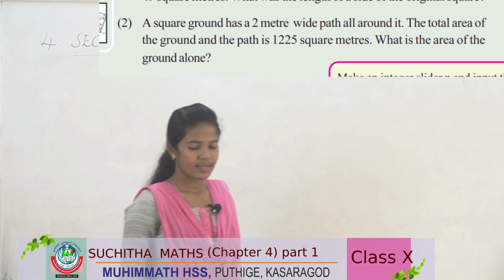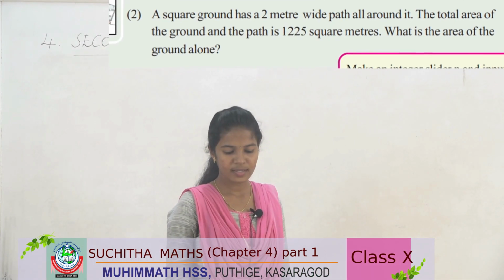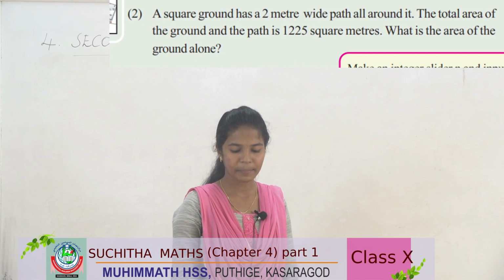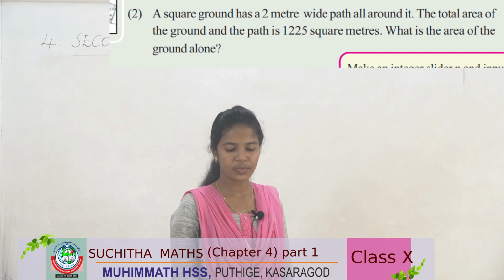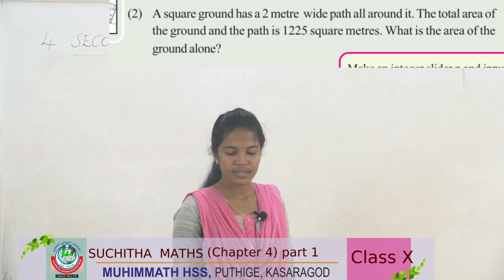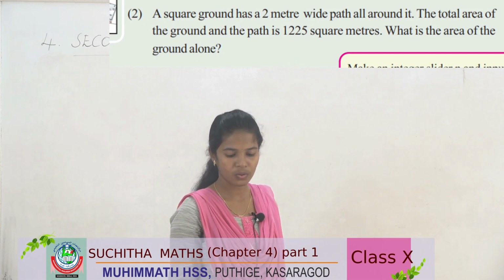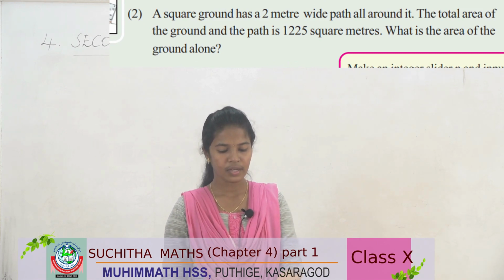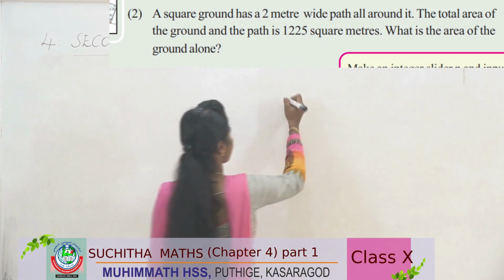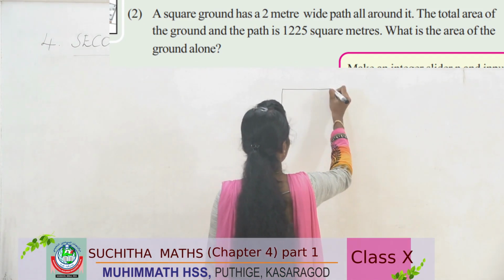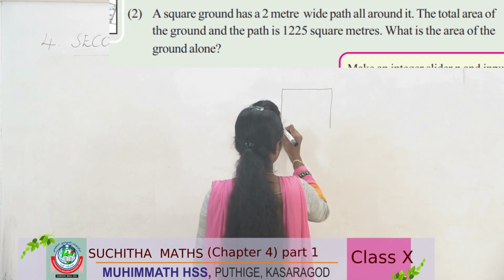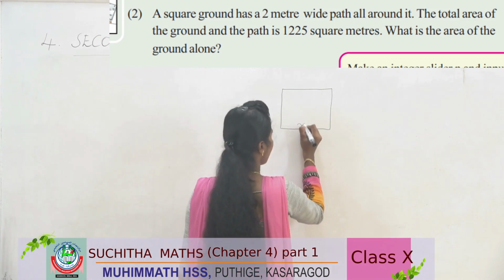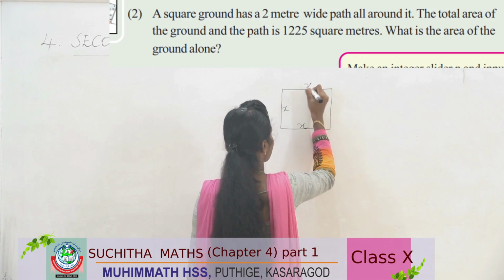Okay, next, second question. A square ground has a 2 meter wide path all around it. The total area of the ground and path is 1225 square meter. What is the area of the ground alone? Given a square ground. It has a 2 meter wide path all around it. So take each side of this ground as x.